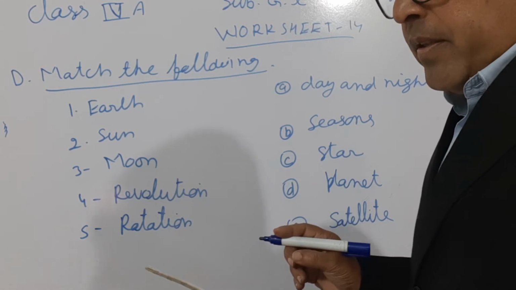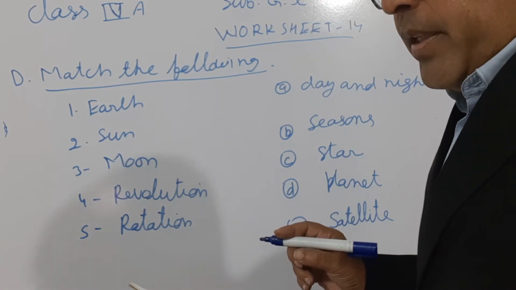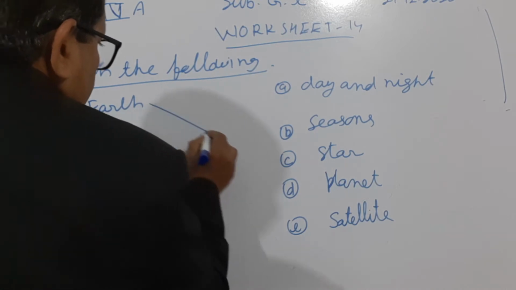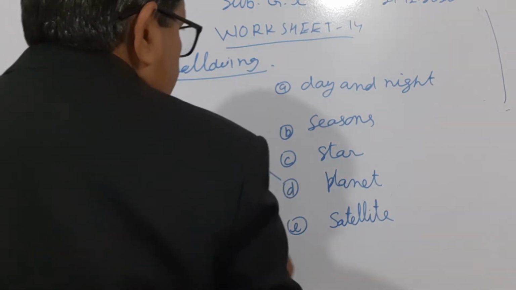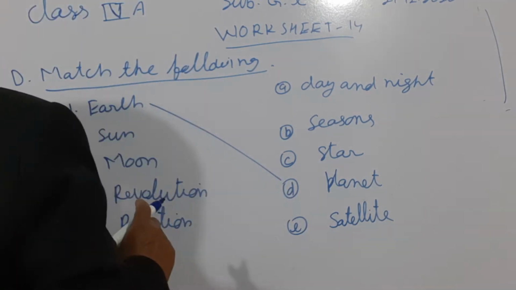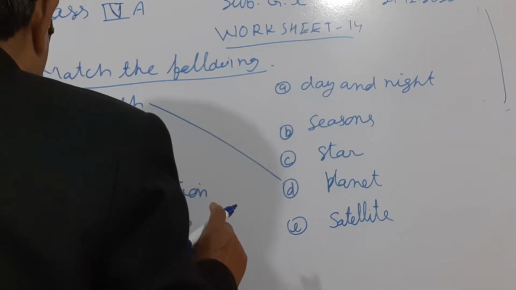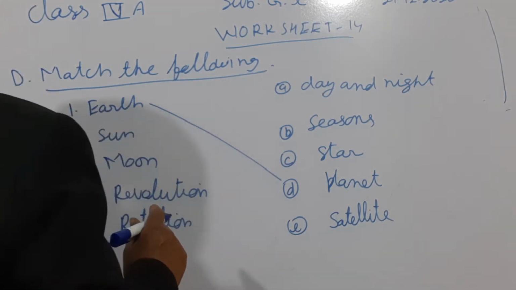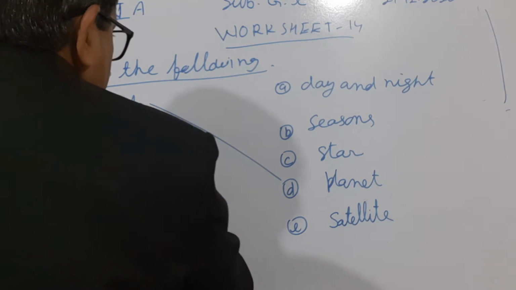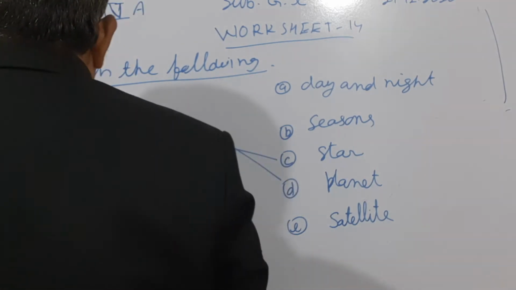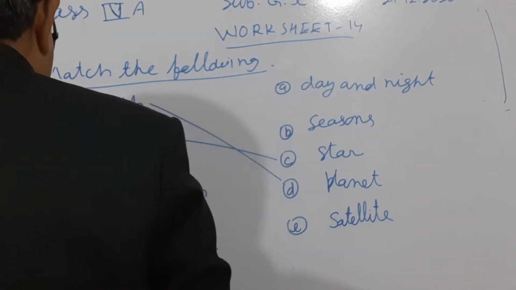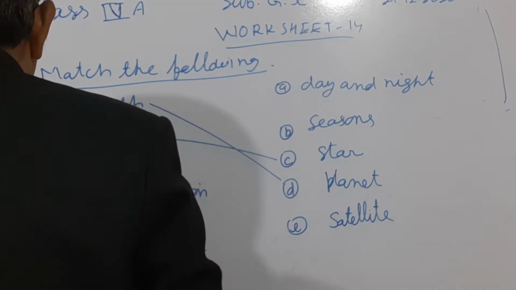So first, that is the Earth. Earth is a planet, AD, and the next Sun. Sun is star, and C, third Moon.